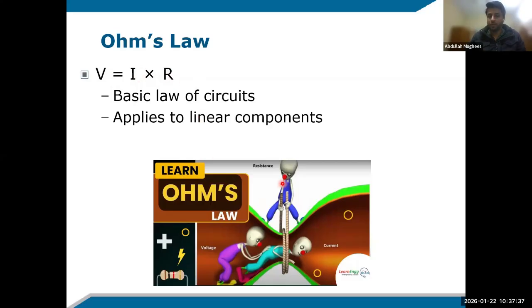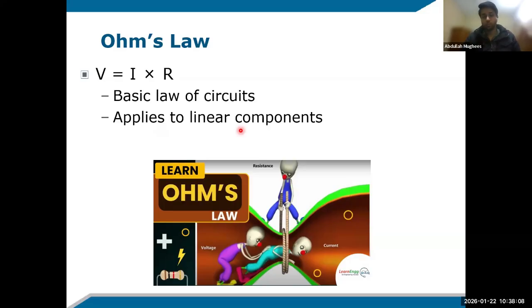Okay, again, here's a depiction. The resistance is slowing down this current body, and voltage is pushing it forward. So it is the basic law of circuits. It can be applied to linear components, whose behavior you can predict. A switch is a linear component, a battery is linear, and a lot of different components have linear behavior.